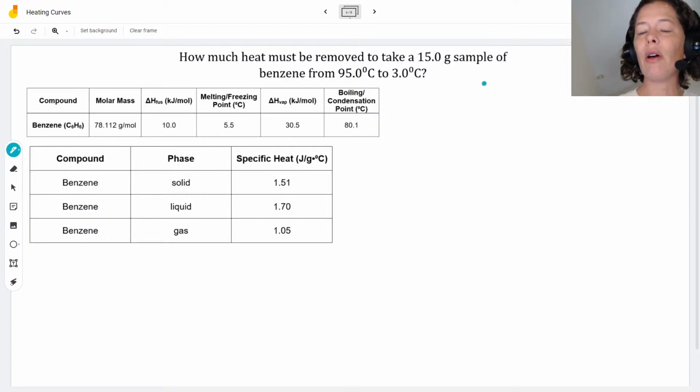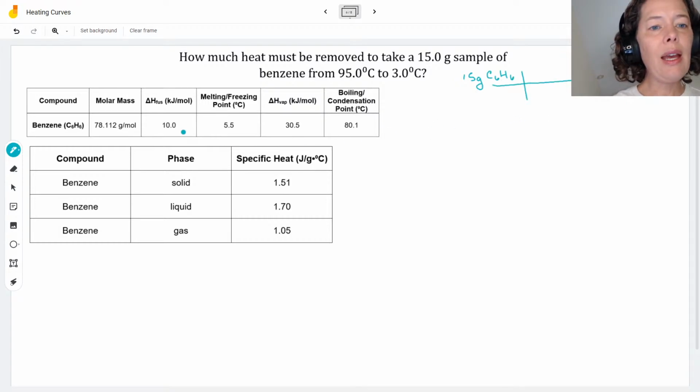So I have, again, a 15-gram sample of benzene, which is C6H6. And my molar mass is given to me here, which is fabulous.